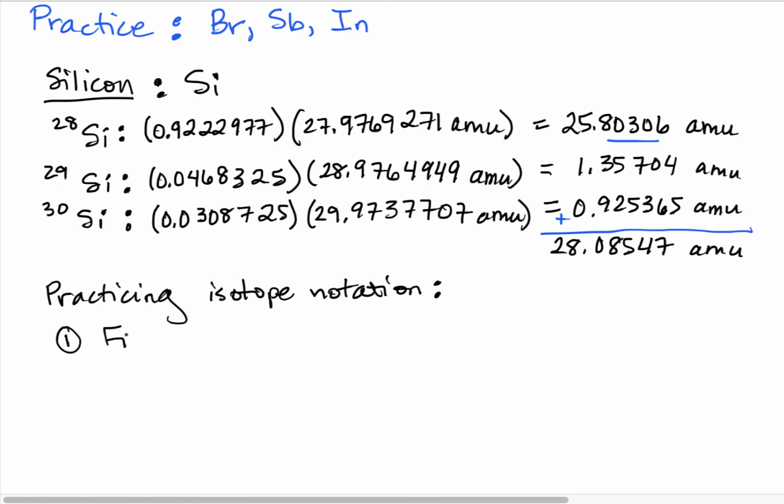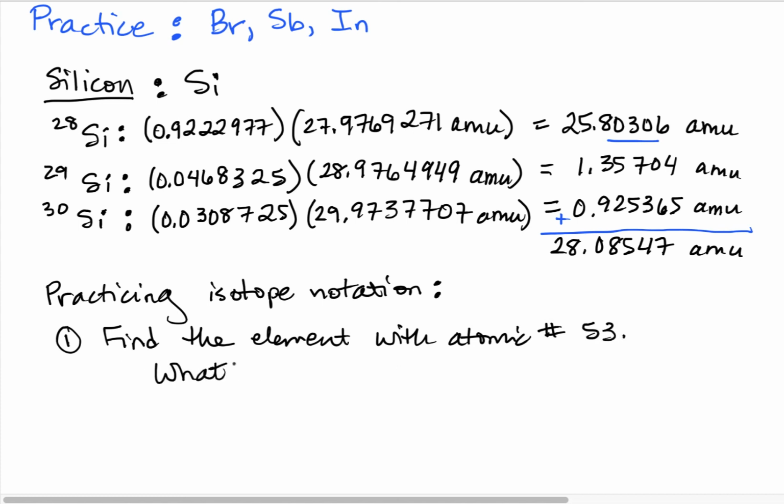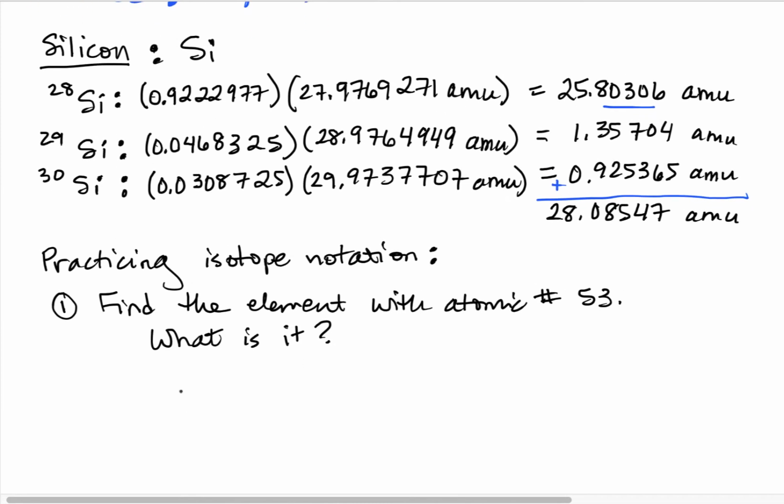Go ahead and find the element with atomic number 53. What is it? And then what is one of its isotopes?